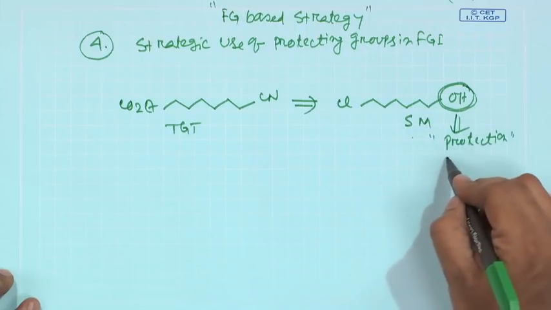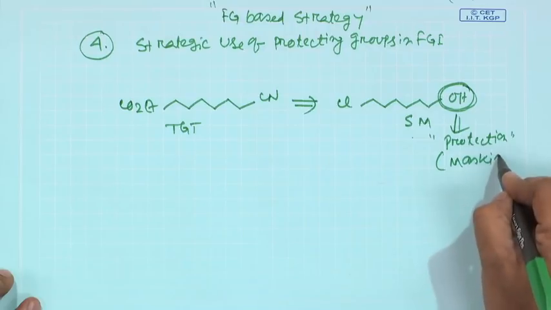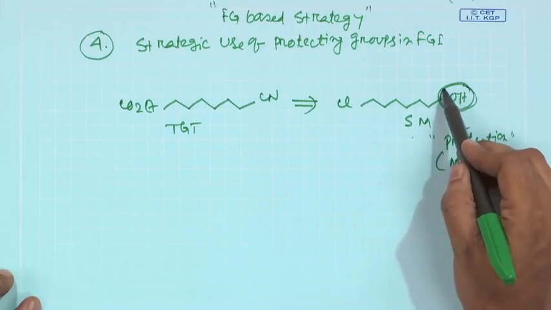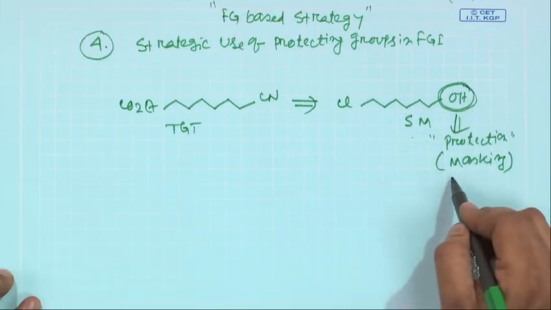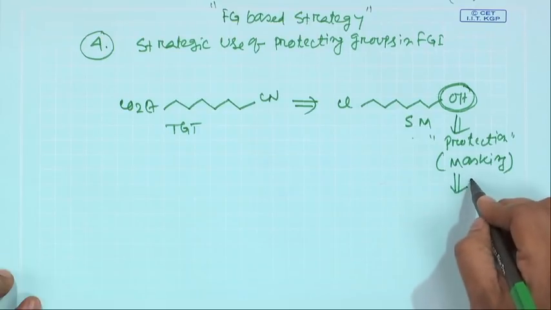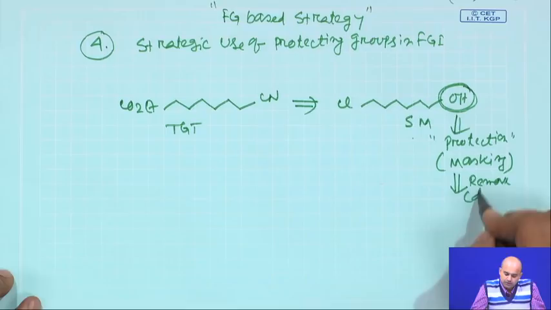In reality, a protecting group is nothing but a mask. You are masking the alcohol functionality with a protecting group, and once the synthetic transformation or FGI is done, you remove the protecting group, which can also be called demasking. This terminology sometimes helps.